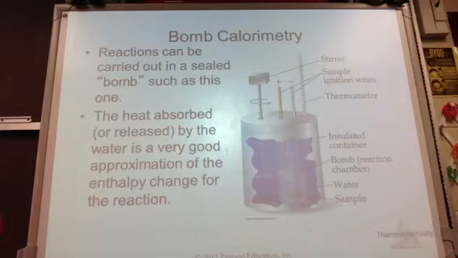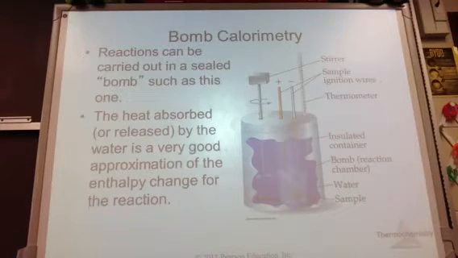so that would make my Q, or delta H value, negative, right? Because if the system is releasing energy or giving energy away, then that would make it negative, so that would be an exothermic reaction.